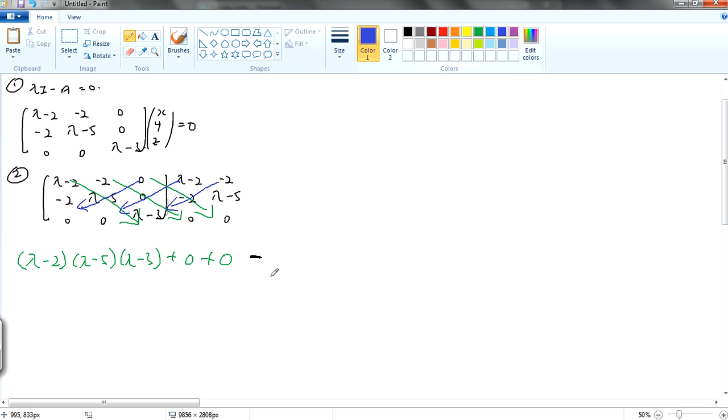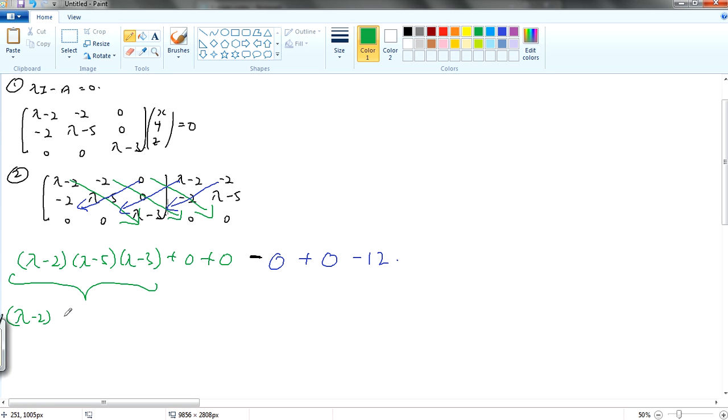And 0 times anything is 0, plus anything times 0 equals 0. And then we have minus 2 times minus 2 times minus 3, which is 4 times 3 equals 12, which is minus 12.